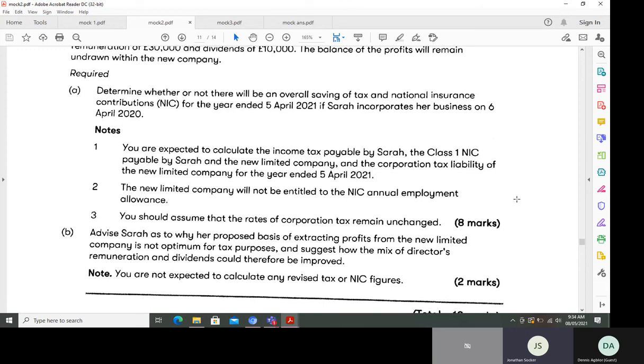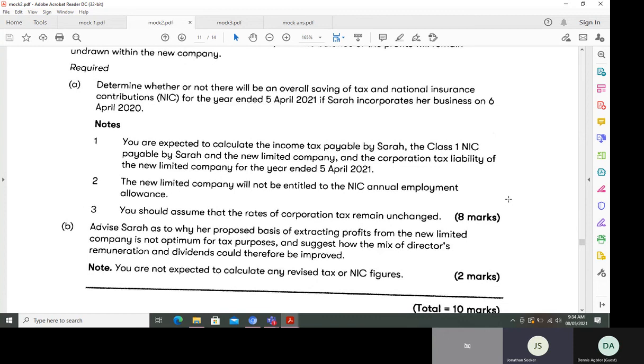So we have to check whether there will be tax savings if the business has been incorporated. And note that you are expected to calculate the income tax payable by Sarah plus the NIC payable by Sarah, and also the NIC payable by the new company and the corporate tax liability of the new company.